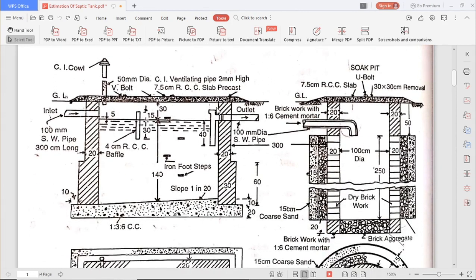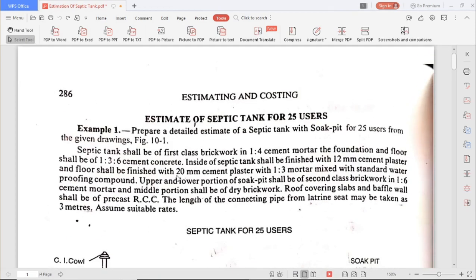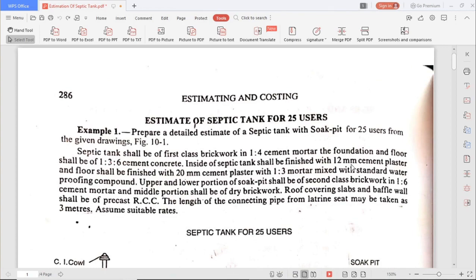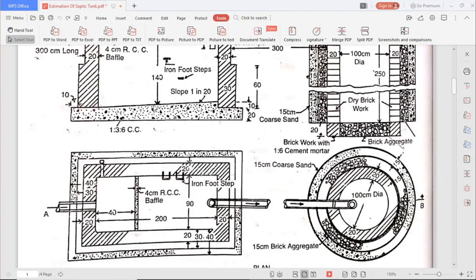Then after the brickwork, we see the RCC slab for both soak pit and septic tank. Then we have to plaster: 12 mm cement plaster for the walls and 20 mm cement plaster for the floor.